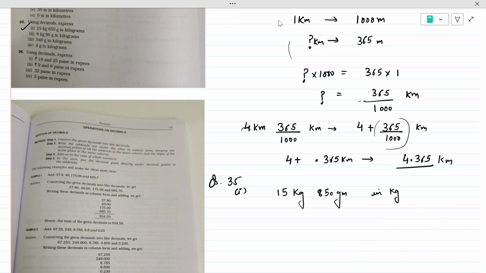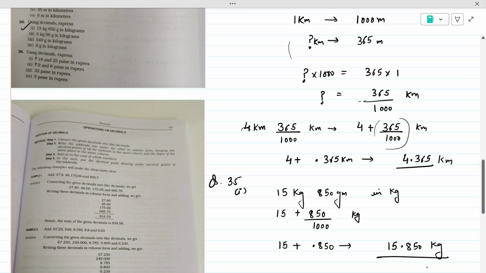Same thing we are required to do here. So let us do it fast. This is 15 kg and we can express 850 grams as 850 divided by 1000 in kgs, right? So this will become 15 plus 0.850, which is equal to 15.850 kgs. Okay, this is how we have to do this.